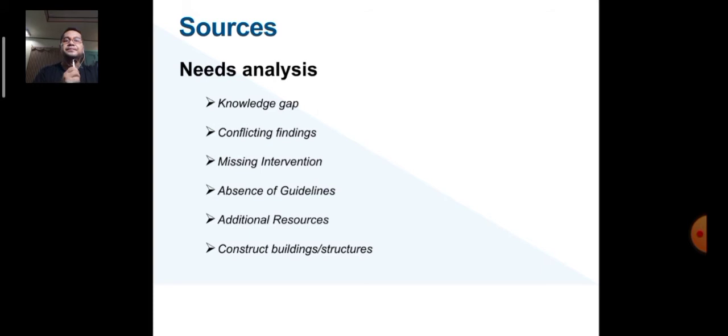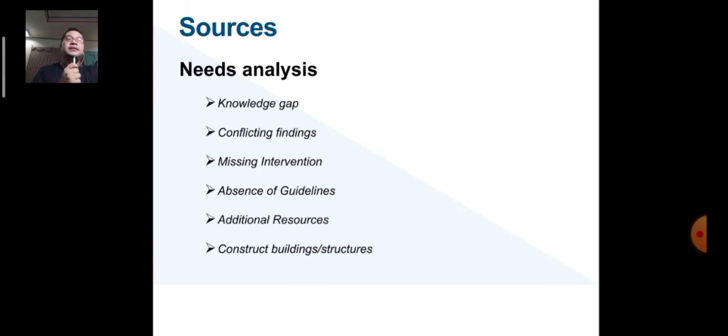Okay. The next one is the absence of guidelines. I think this is particularly very relevant in terms of doing a new process, for example, coming up with policies and guidelines. Because there was a time, right?